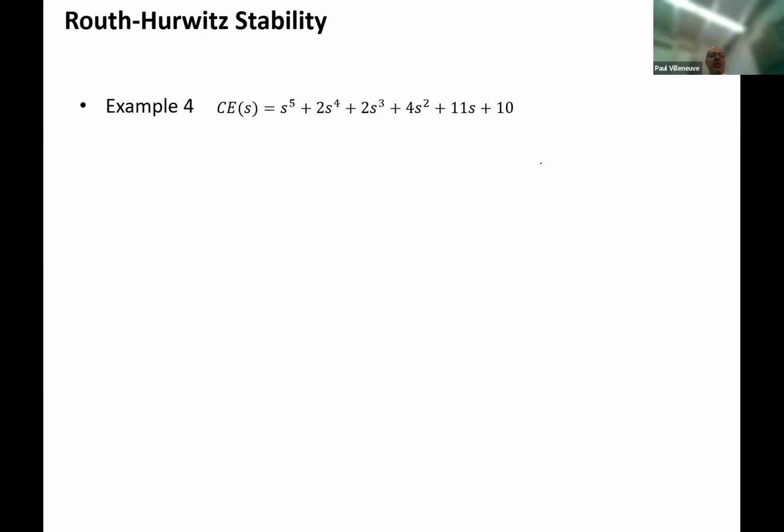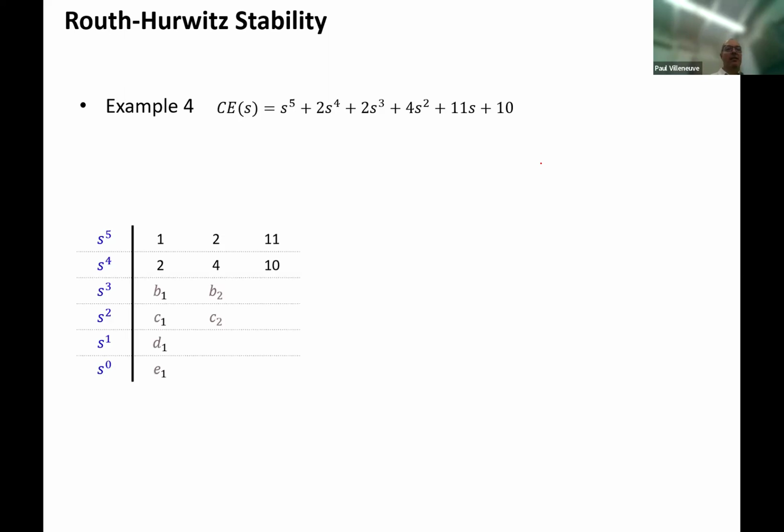All right, so let's do this example. S to the 5th, 2S to the 4th, 2S cubed plus 4S squared plus 11S plus 10. What's the highest row that we're going to have? S to the 5th. So we build our S to the 5th, S to the 4th, S cubed, S squared, S to the 1, and S to the 0.